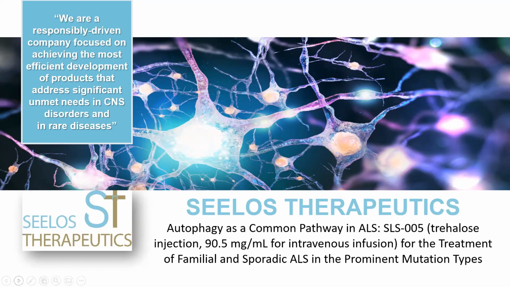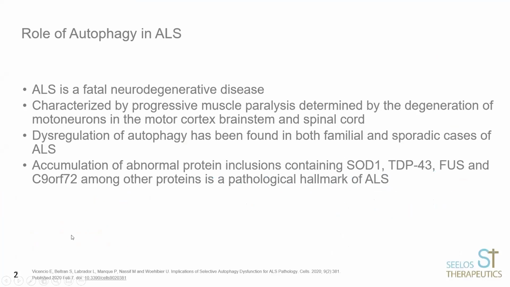What is unique and good about this exploration is that it will be for the treatment of both familial as well as sporadic ALS in the prominent mutation types. Just a brief history of the role of autophagy in ALS.